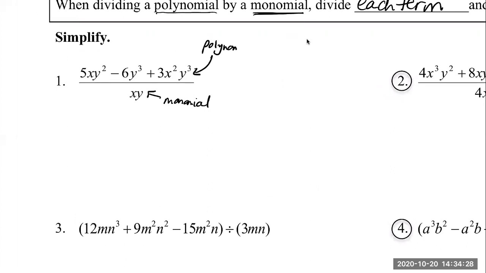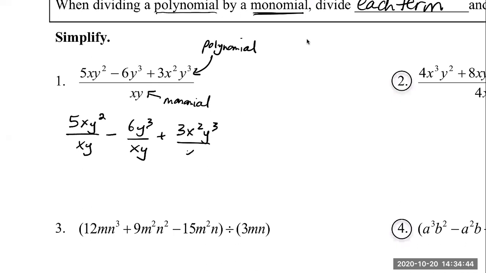So we have a polynomial divided by a monomial. We're going to divide each term by xy. And then use properties of exponents to simplify.